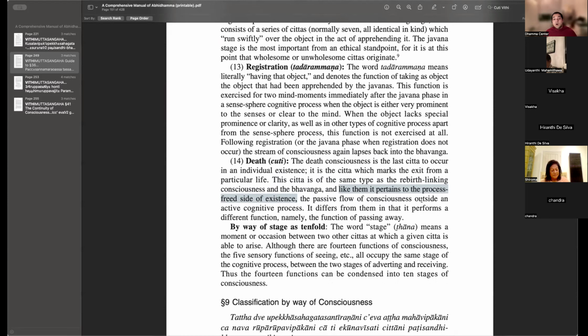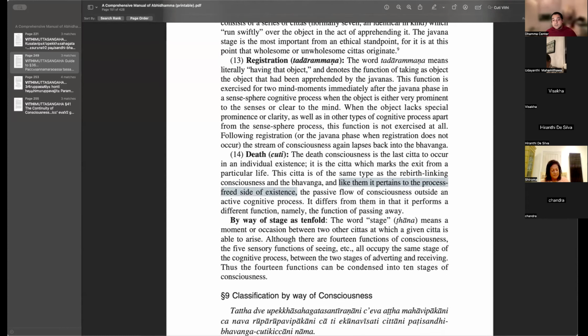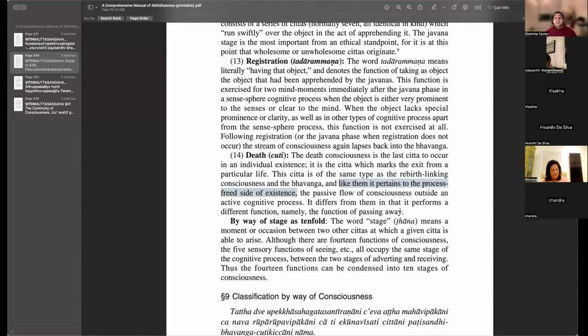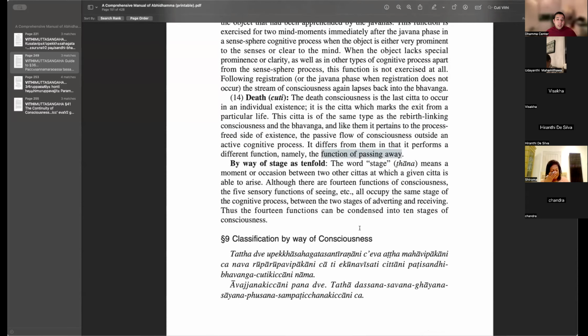The passive flow of consciousness outside the active cognitive process. It differs from them in that it performs a different function, namely the function of passing away. Right? Function of passing away. By way of stage, it is tenfold.